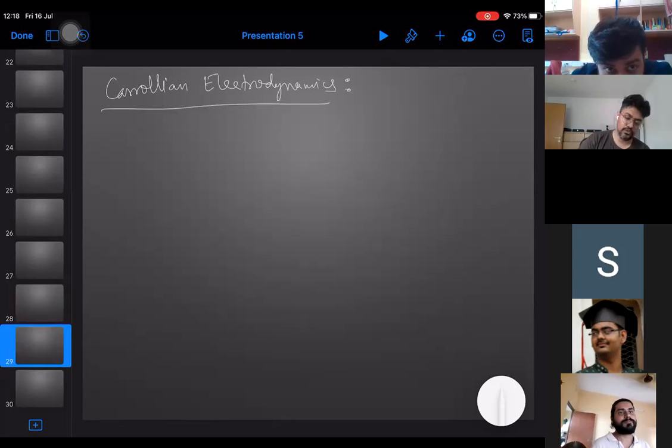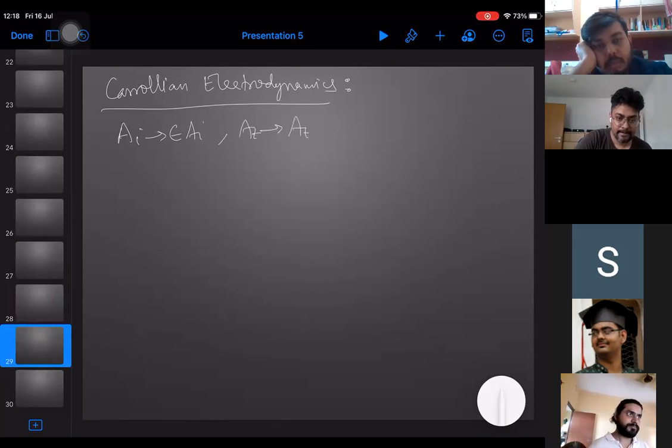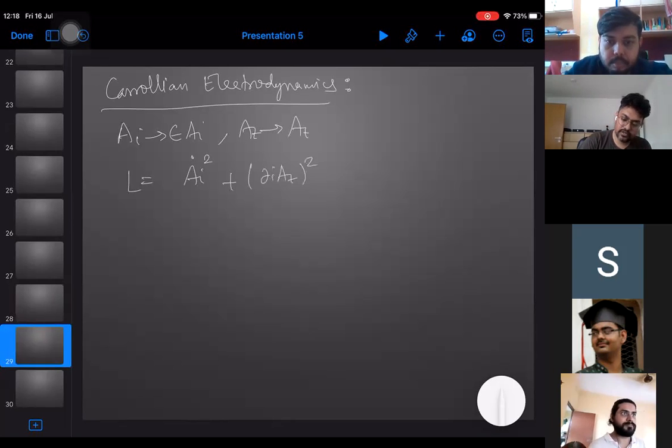Yeah, so basically for the first limit, where you take A_i goes to epsilon A_i and A_t goes to A_t, in this limit you also have the one on the coordinates. So your Lagrangian is given by this, E dot squared plus, so you can see how the Lagrangian will look, A_t dot del dot A. All right.